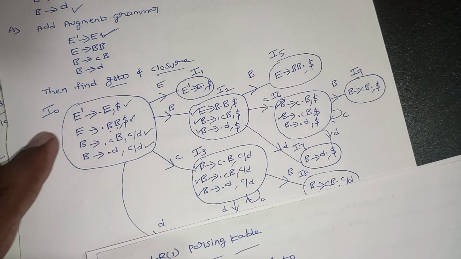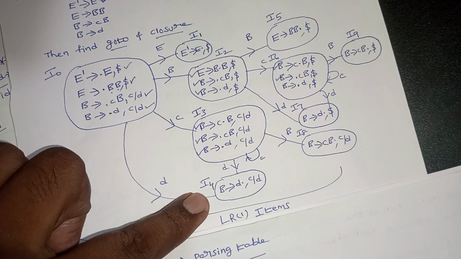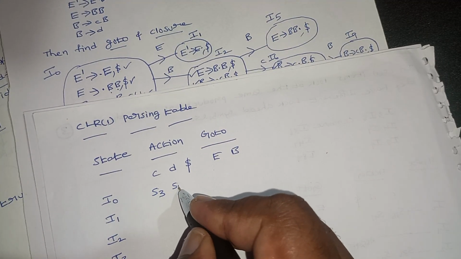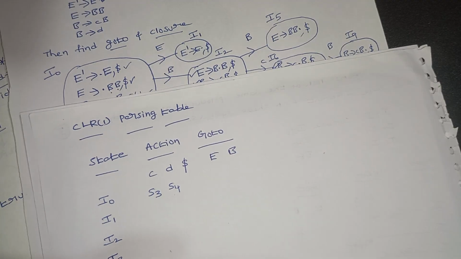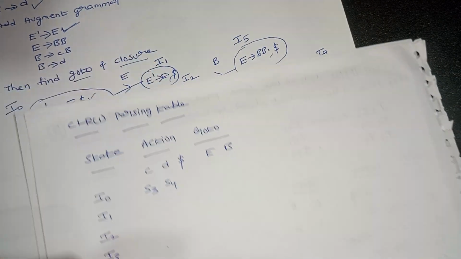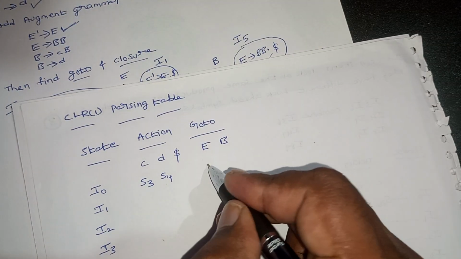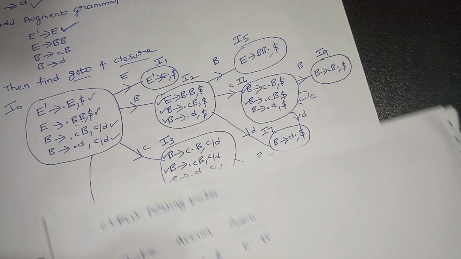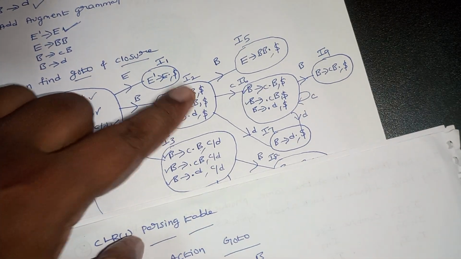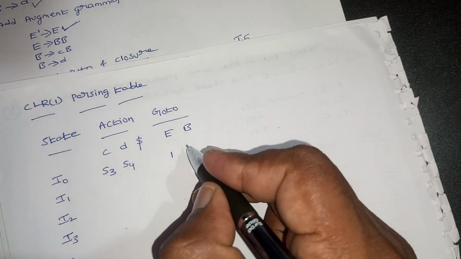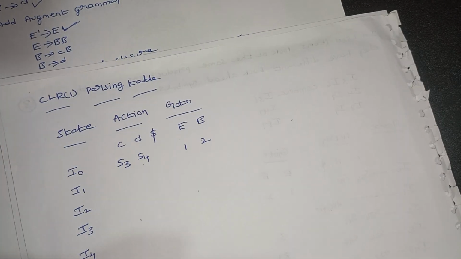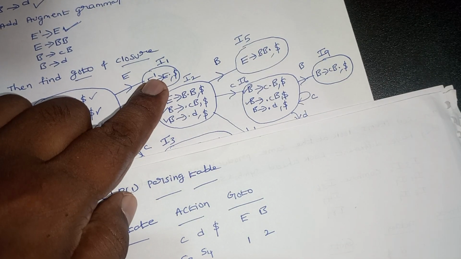I0 on small d is S4. I0 on E is 1. I0 on B is 2. I0 is over.